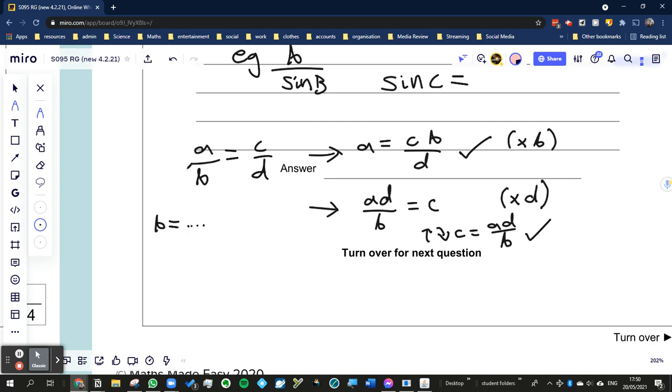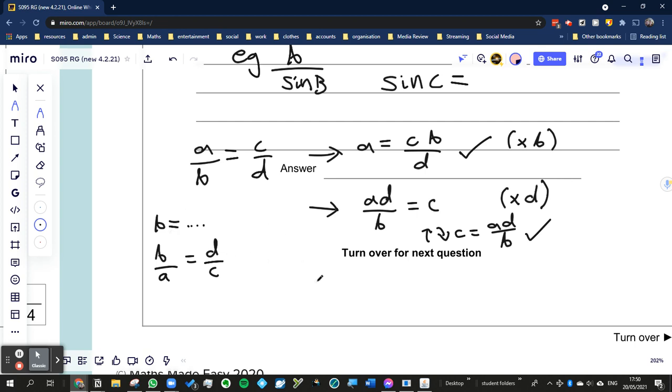We're going to use the rule that when A over B is equal to C over D, then B over A is equal to D over C. So I'm allowed to flip the fractions upside down. I can flip one upside down, and if I do, I need to flip the other one upside down.